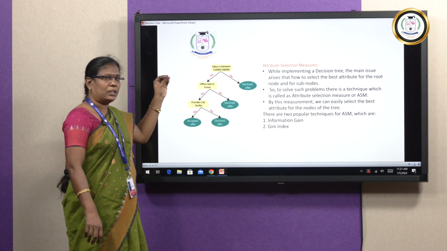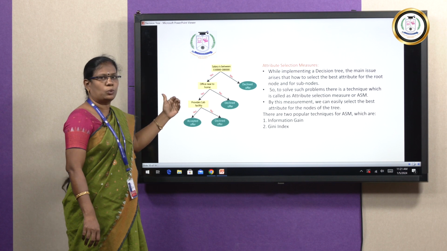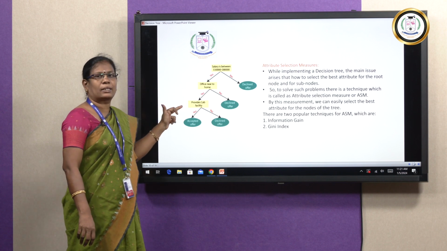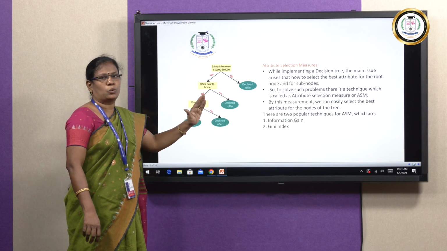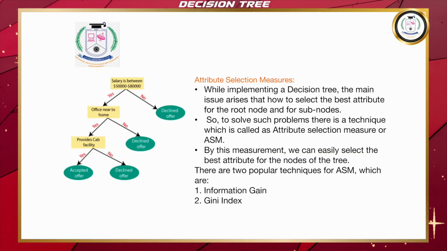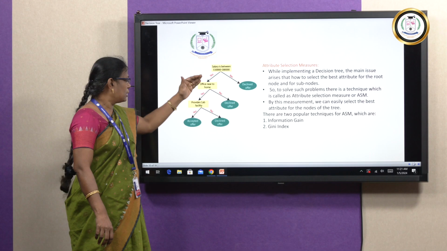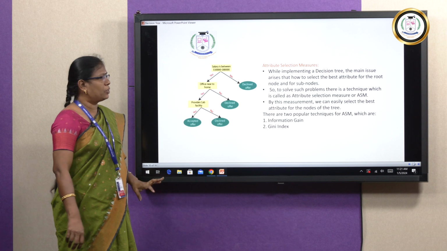If that is okay, then he will choose. The next question is whether they will provide a cab facility or not. Based on these conditions, we split the nodes. If he declines the offer, this is the last node, that is the leaf node. So this is the example for a decision tree.